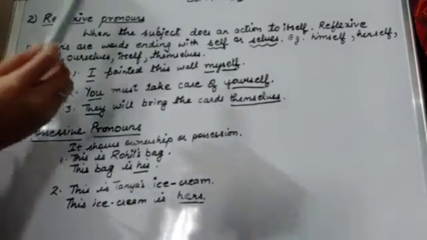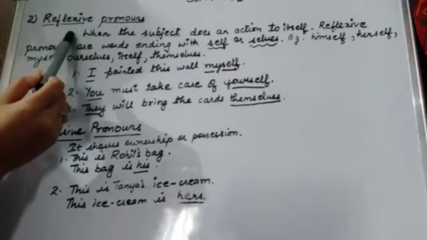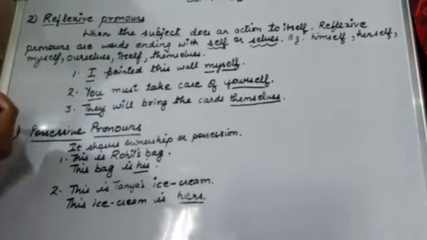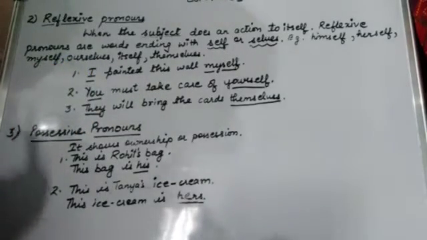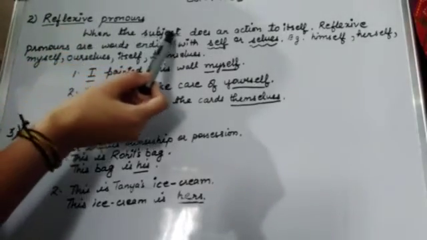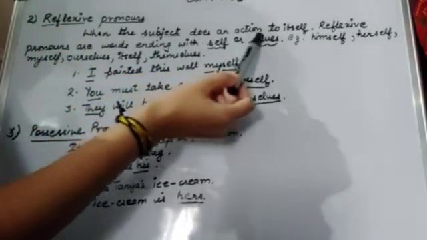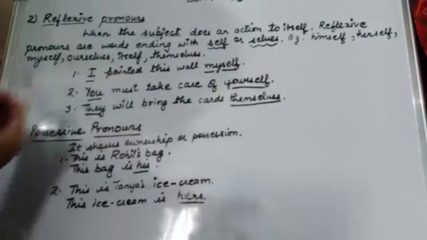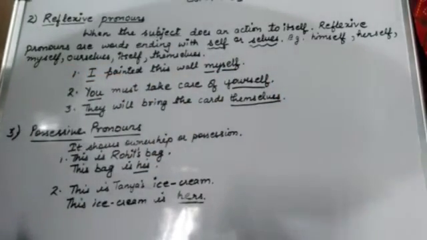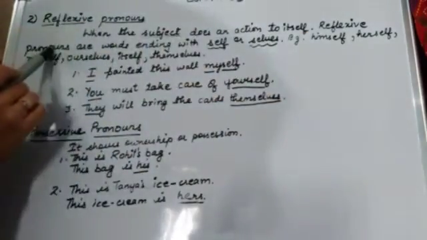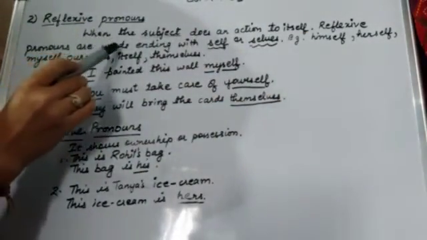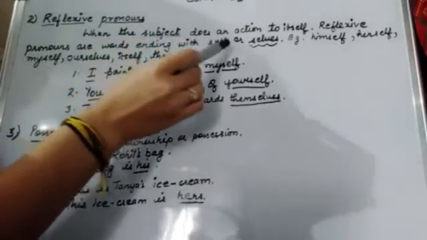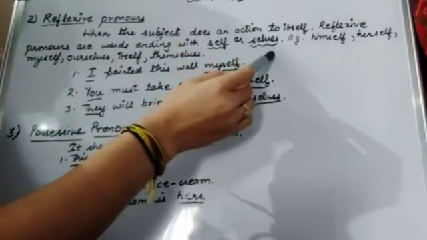So class, the second type of pronoun is reflexive pronoun. What is reflexive pronoun? When the subject does an action to itself. Now who is subject? Subject is the doer of the action. The reflexive pronouns are words ending with self or selves.